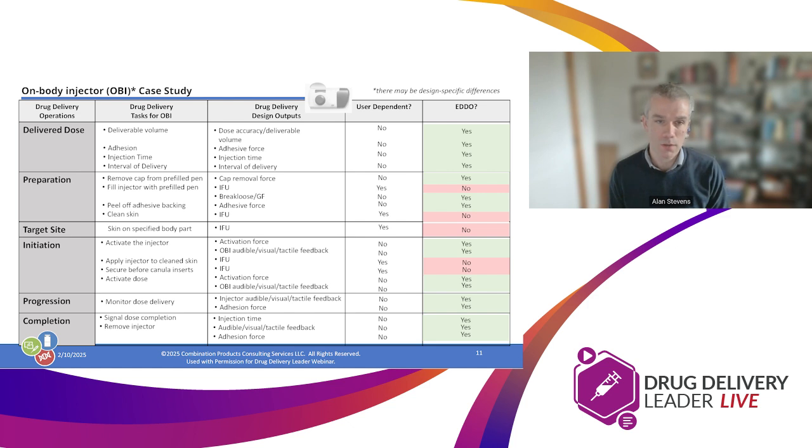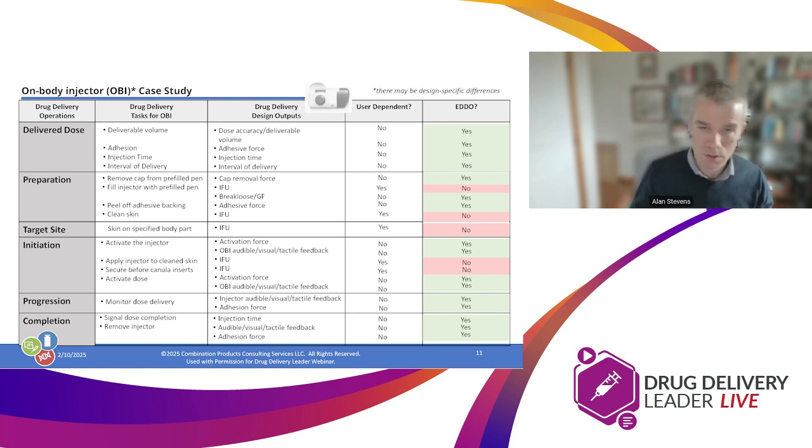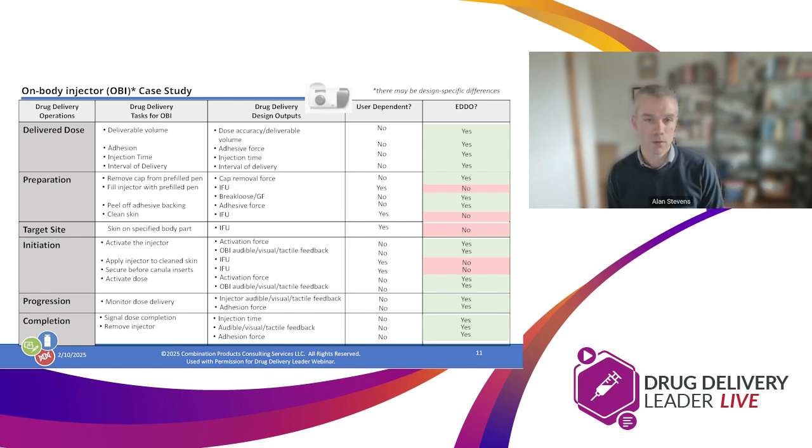There would be instructions on how to accomplish any filling or loading steps of the device. If there are other products, like syringes, that are packaged with the OBI, there could be break-loose glide force or other syringe-specific EDDOs. And there's an adhesion force, and then obviously cleaning the skin, for which there are instructions.